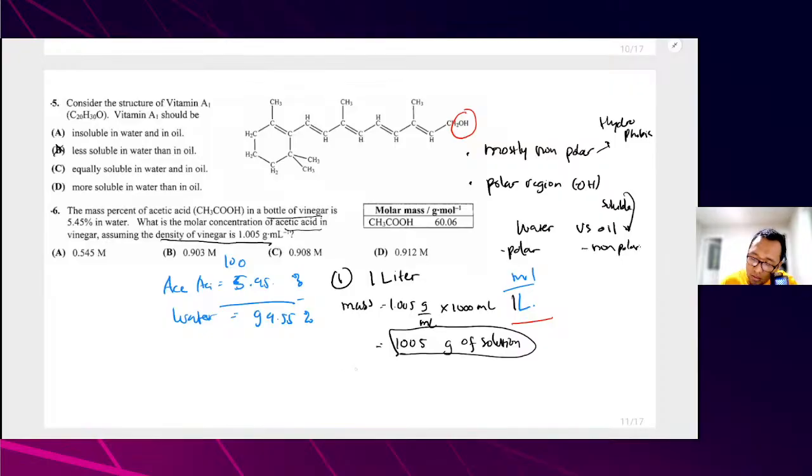So now the mass of acetic acid is 5.45 times 1005, so it will be around... Why this one? It makes me confused.